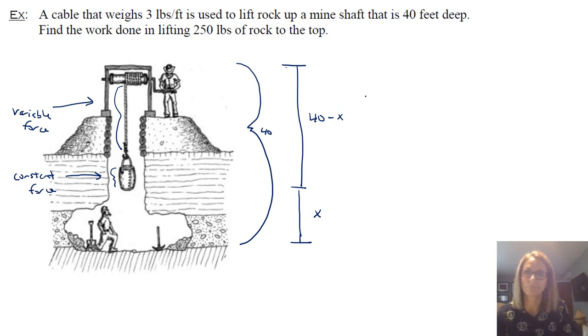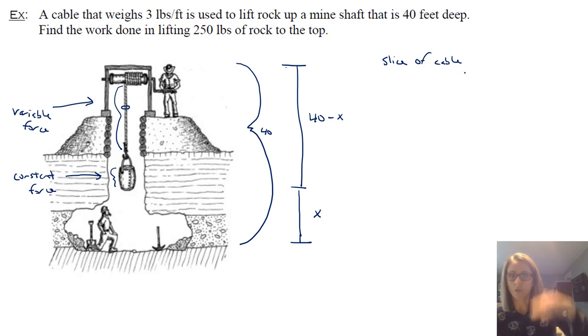So this helps us because it tells us the distance of how much we're moving this rock. When we think about the slices, what we have here is a slice of cable. You want to think about a little slice of this cable because you're basically adding up an infinite number of those as they get thinner and thinner. The slice of cable is 3 pounds per foot, because that's how much it weighs.